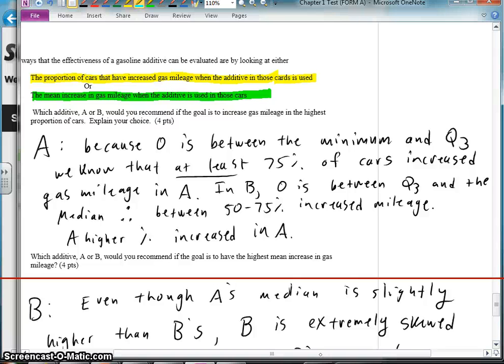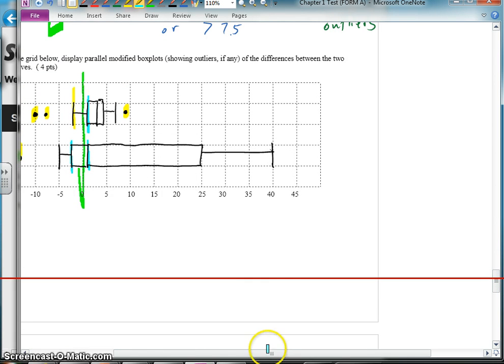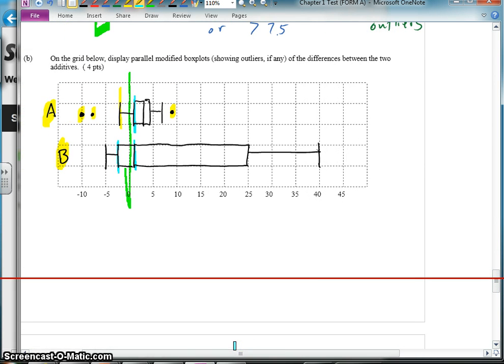The next question said, which would you recommend if the goal is to have the highest mean increase in gas mileage? Basically we need to compare the means of A and B. We weren't given the means. I can see that A's median is bigger than B's. However, B is very, very skewed right.